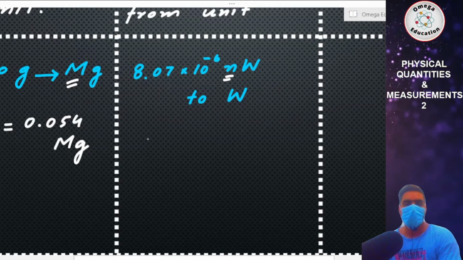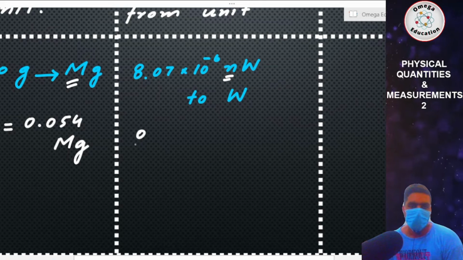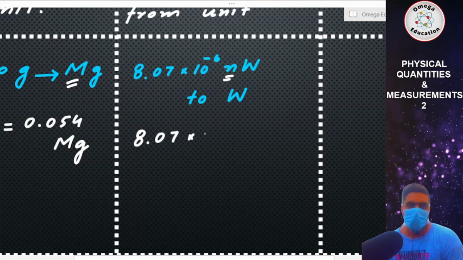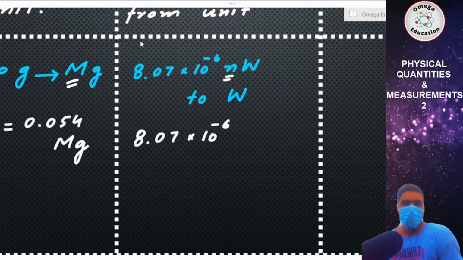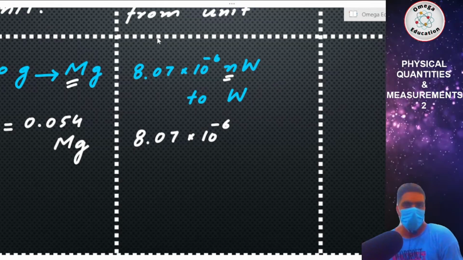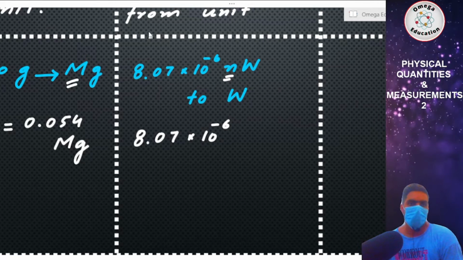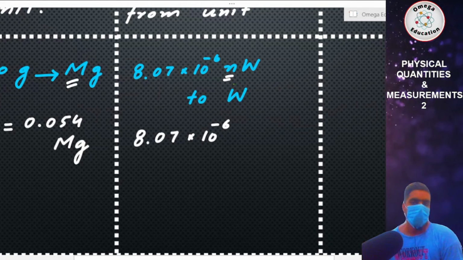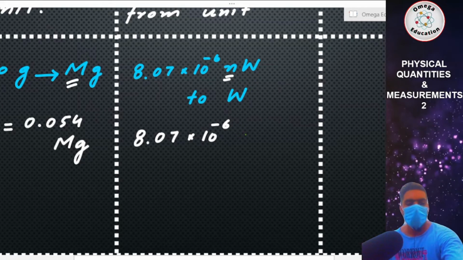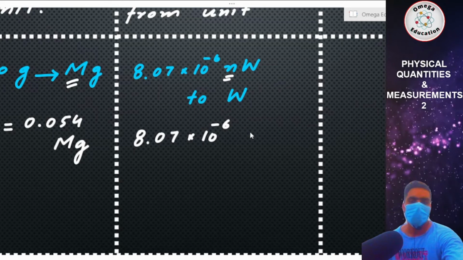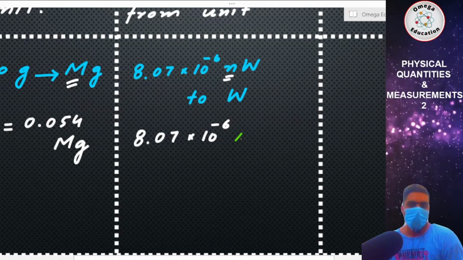For example, the physical quantity was 8.07 into 10 to the power minus 6. Then you need to go back to the table. Like I said, the table is very important. You should have memorized the table. And then you find out what a small n represents. Well, in the table, small n represents nano, whose value is 10 to the power minus 9.